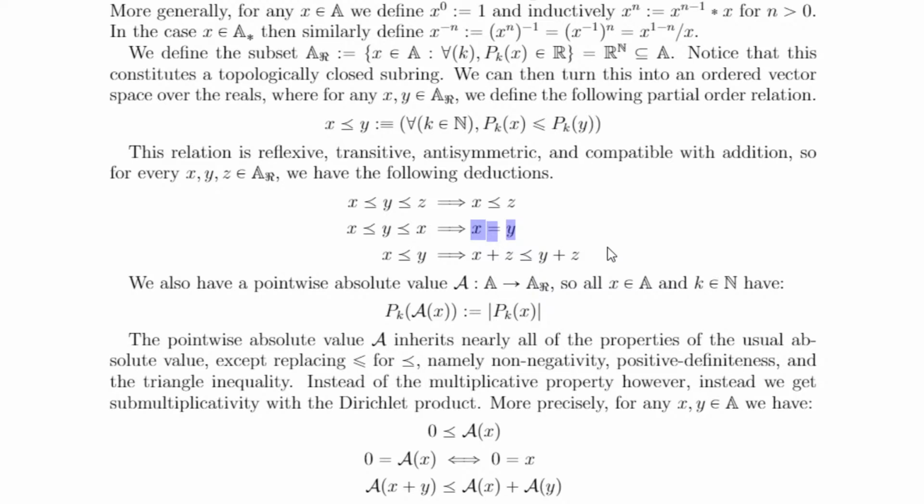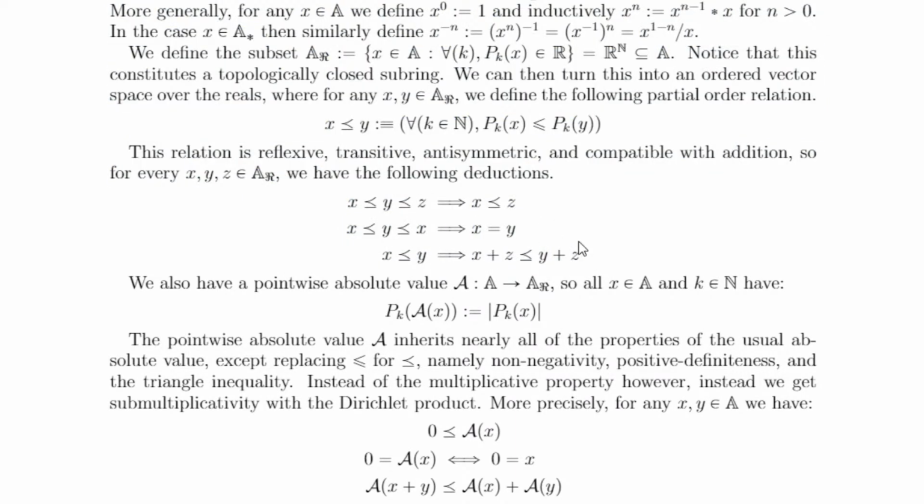If you can swap them, then actually they're the same thing. And the last one is that it's compatible with addition. So if x precedes y, then x plus z, where z is any real vector that we want, will also precede y plus z.